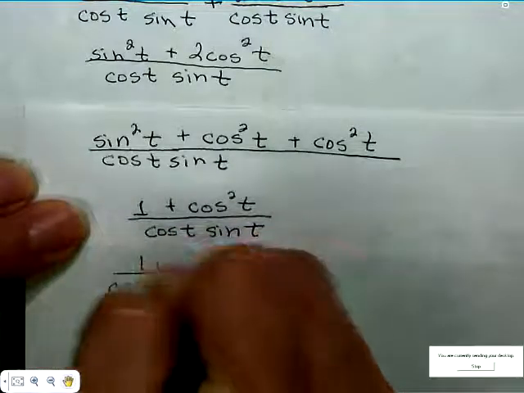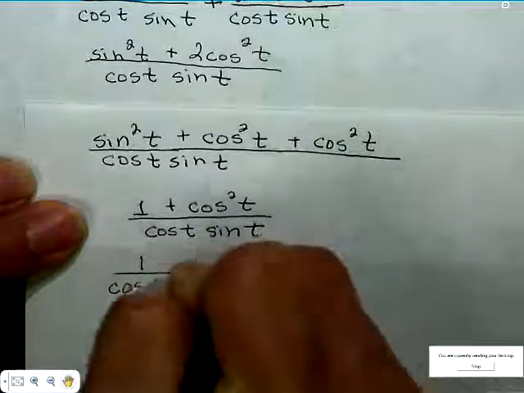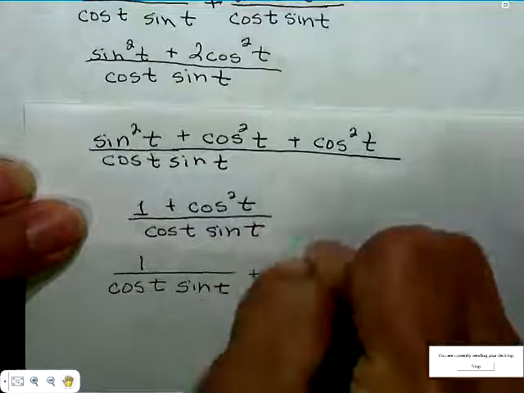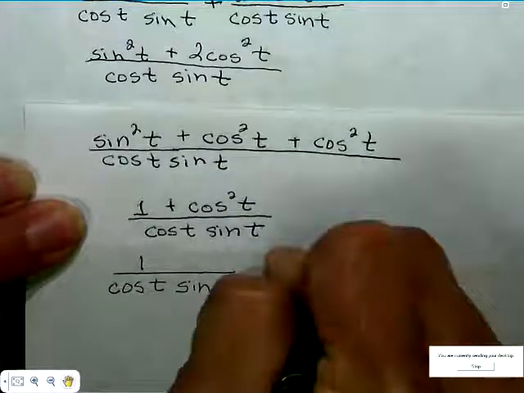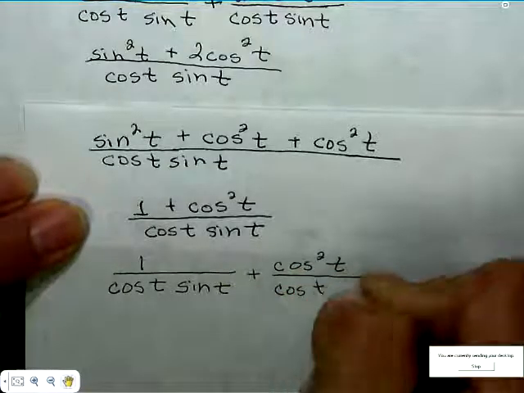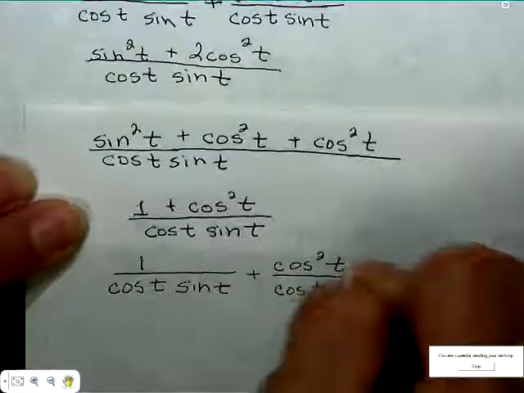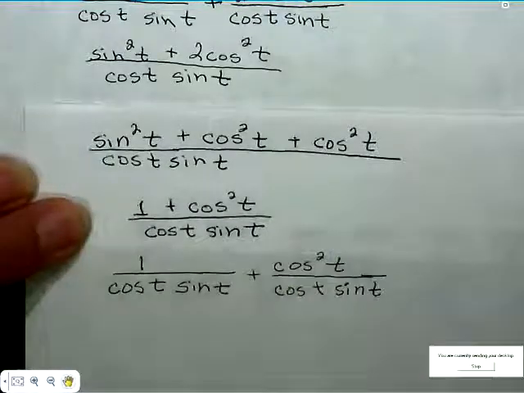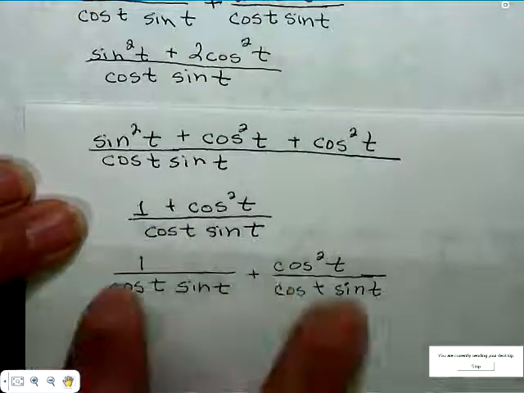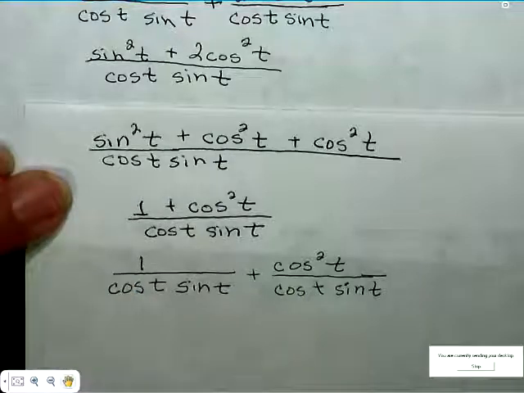Do you already know that this is going to work, Raven, or are you just thinking it may work? Can you see all the way to the end now? I know. I have to look back and see where I'm trying to go. I'm trying to get secant, cosecant plus cotangent. I can see it now. Split this up into 2 fractions. Oh, okay.